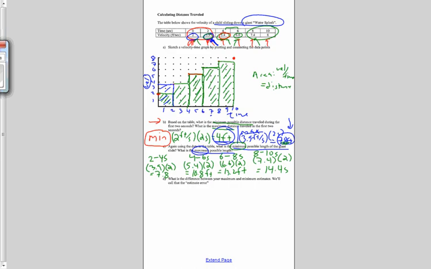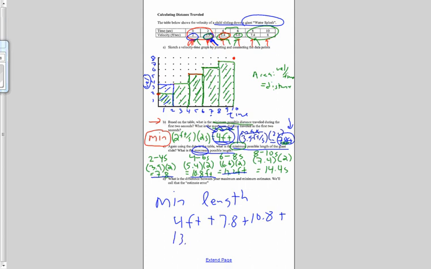So now that we have the minimum approximations for each 2-second interval, we can find the minimum length for the whole entire slide. So we're just going to add up each one of those minimum approximations. From 0 to 2 seconds, the first one that we did right here, we had 4 feet, plus from 2 to 4 seconds, we had 7.8, plus 10.8, plus 13.2, plus 14.4.